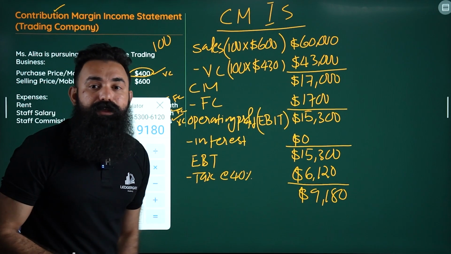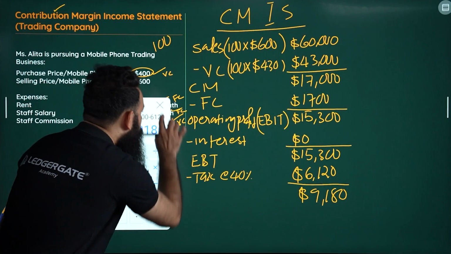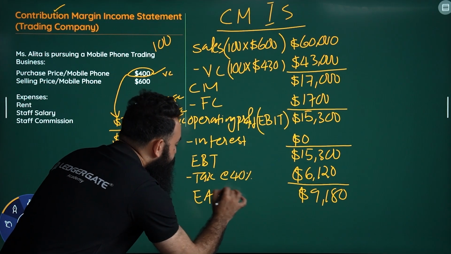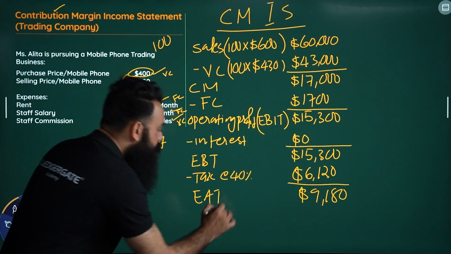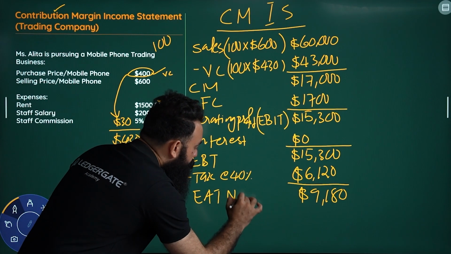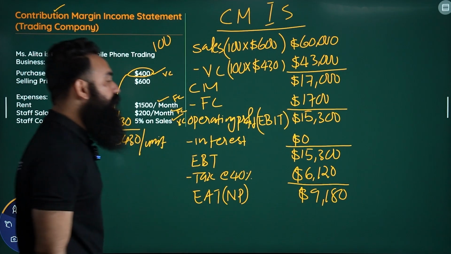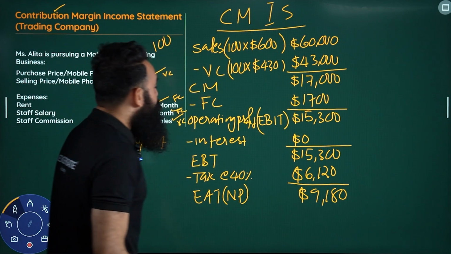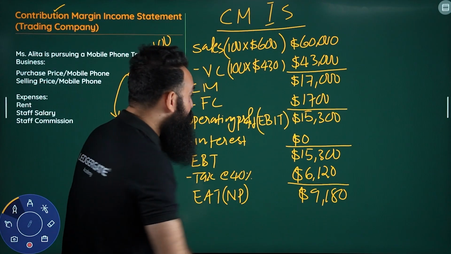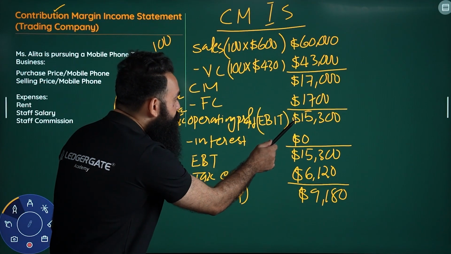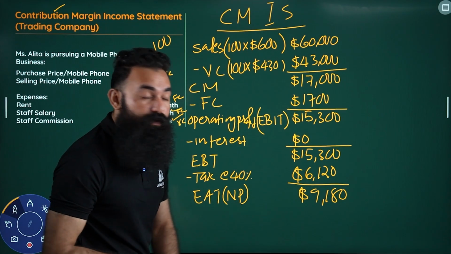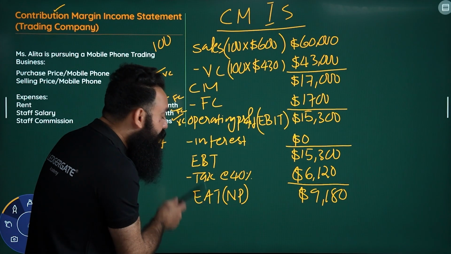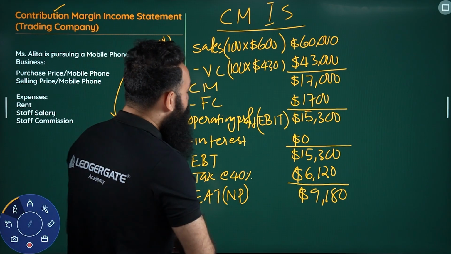What will be the name of this particular profit? We used to call it earnings after tax. Otherwise we can say net profit. Here we know that the profit is divided into 3 parts: operating profit, otherwise you would say earnings before interest and tax, earnings before tax, and earnings after tax.